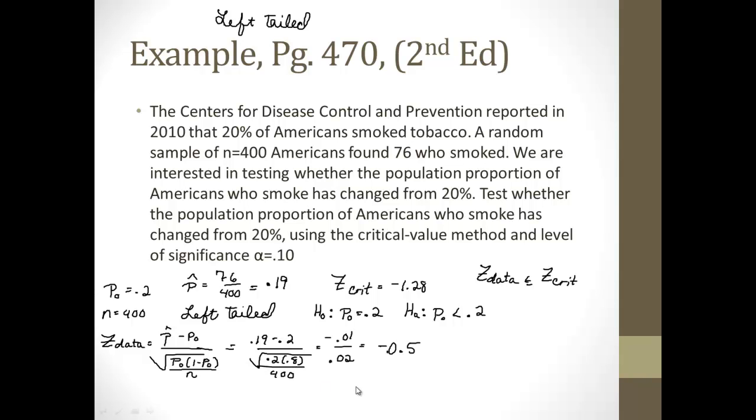All right, so I put that all into the calculator, and I get our z-data equaling negative 0.5. So negative 0.5 is unfortunately not less than or equal to negative 1.28. It's greater than. So we're going to reject H0.